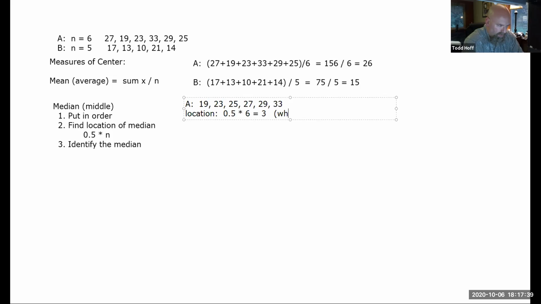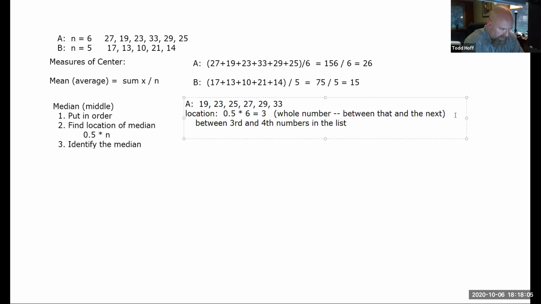Since this is a whole number, the location is between that and the next number. What does that mean? Well, that gave us a 3, so our location is between the 3rd and 4th number in the list.